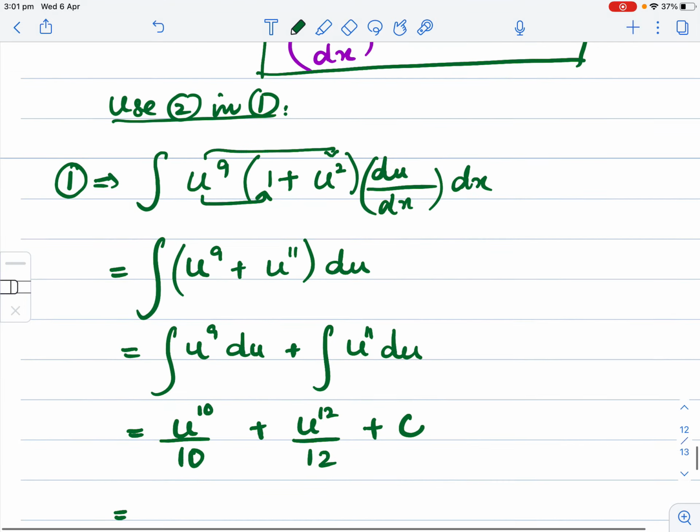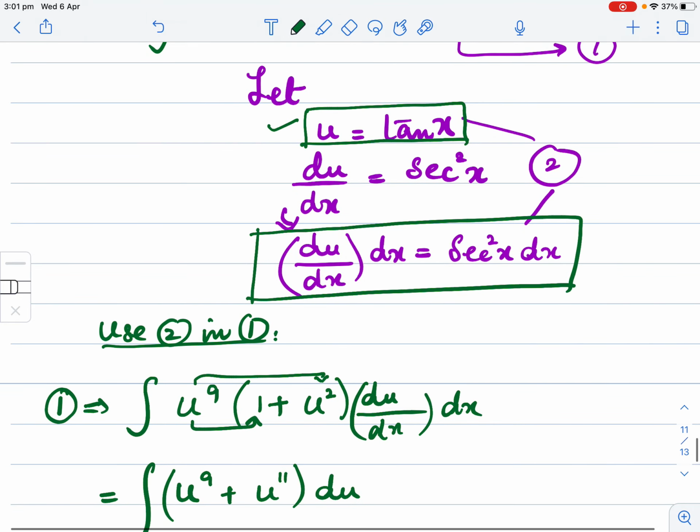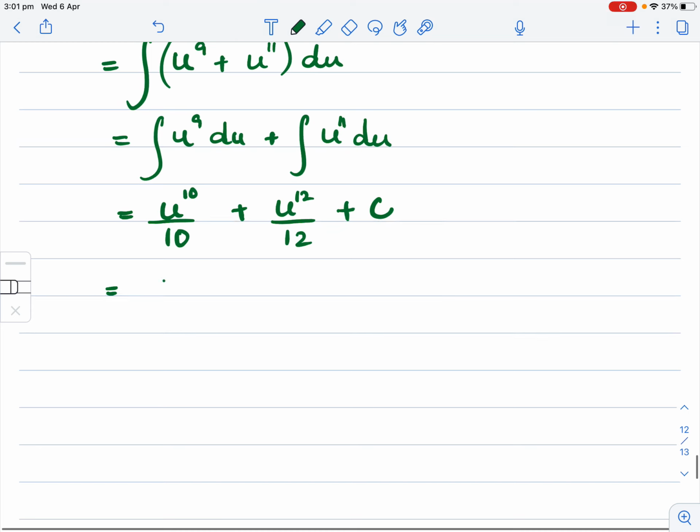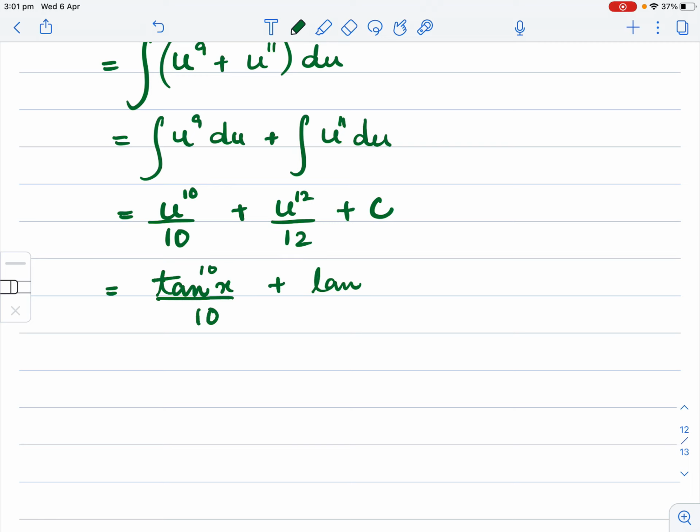And now we can substitute the value of u, and we know this is tan x from equation 2. This is tan^10 x over 10 plus tan^12 x over 12 plus c.